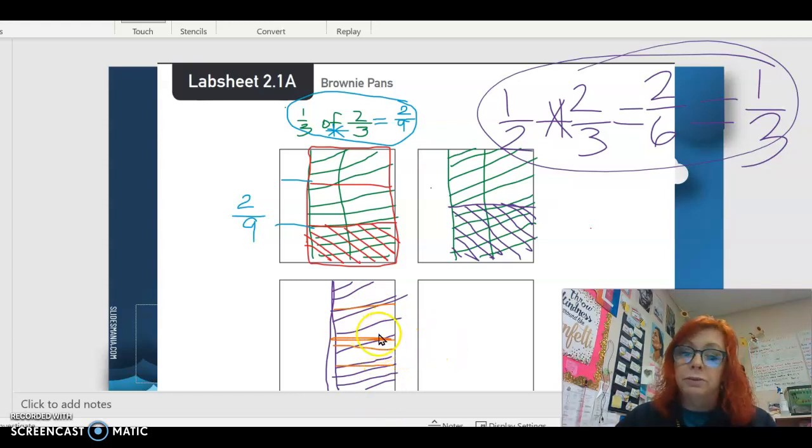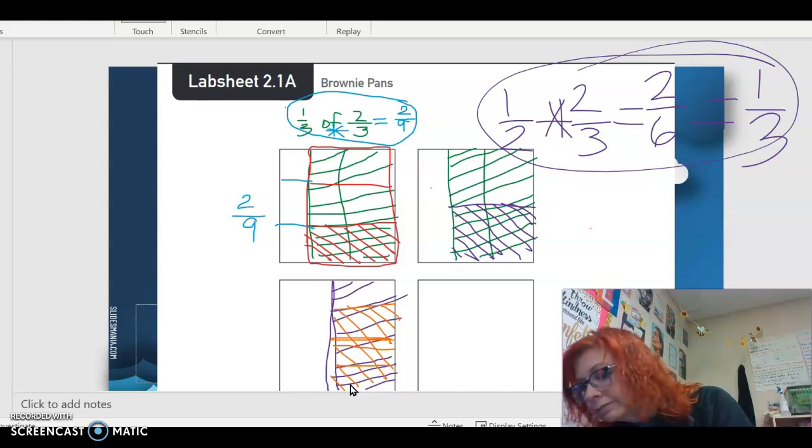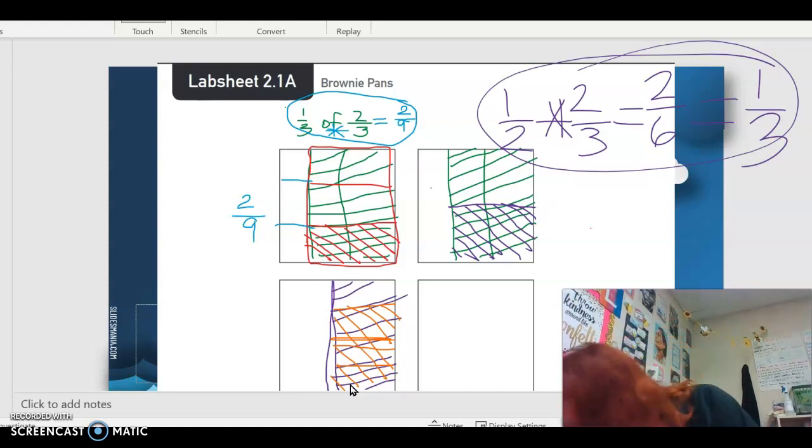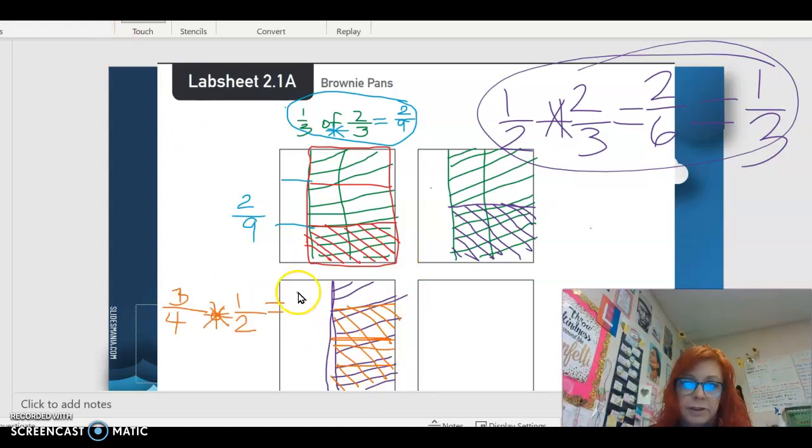No, I'm sorry. She wants 3/4. So now we're going to color in 3 out of the 4 squares we have here. All right, go ahead and write your number sentence for that. Your number sentence should be 3/4 times 1/2 equals 3/8.